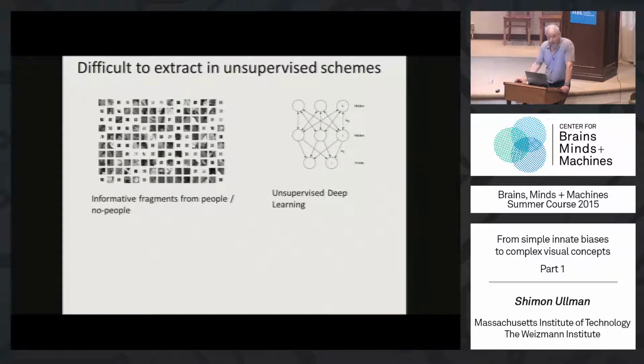When you try to imitate this in computer vision systems, there are not too many learning systems that can deal well with unsupervised data. I don't want to elaborate on the different schemes that exist, but nobody can learn hands in an unsupervised way.